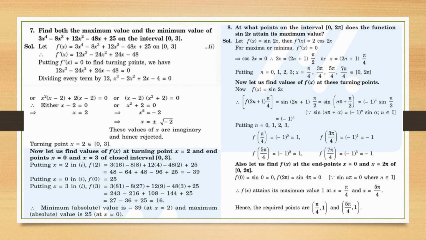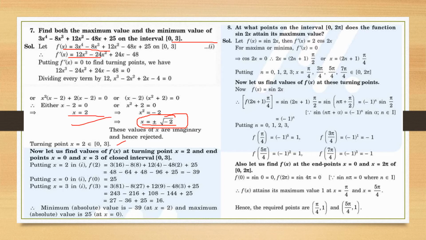Now number 7 is: find both the maximum value and the minimum value of the function on the interval [0, 3]. Okay, so this is the function, this is the derivative, this is the critical point, x is plus minus root minus 2, this one is rejected, and x equal to 2 is retained.